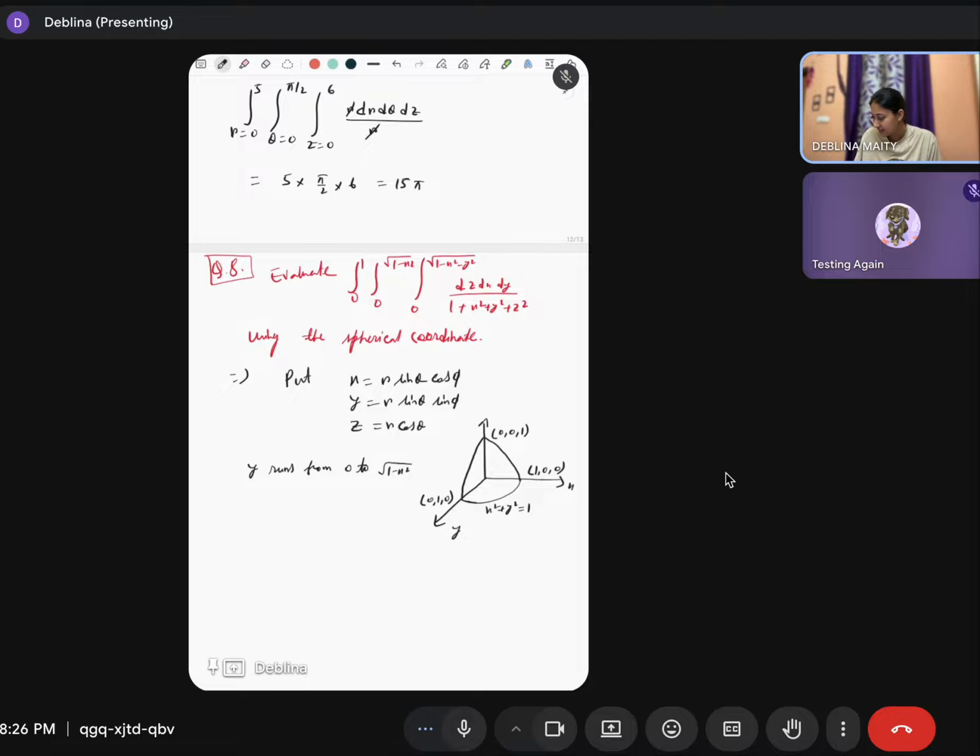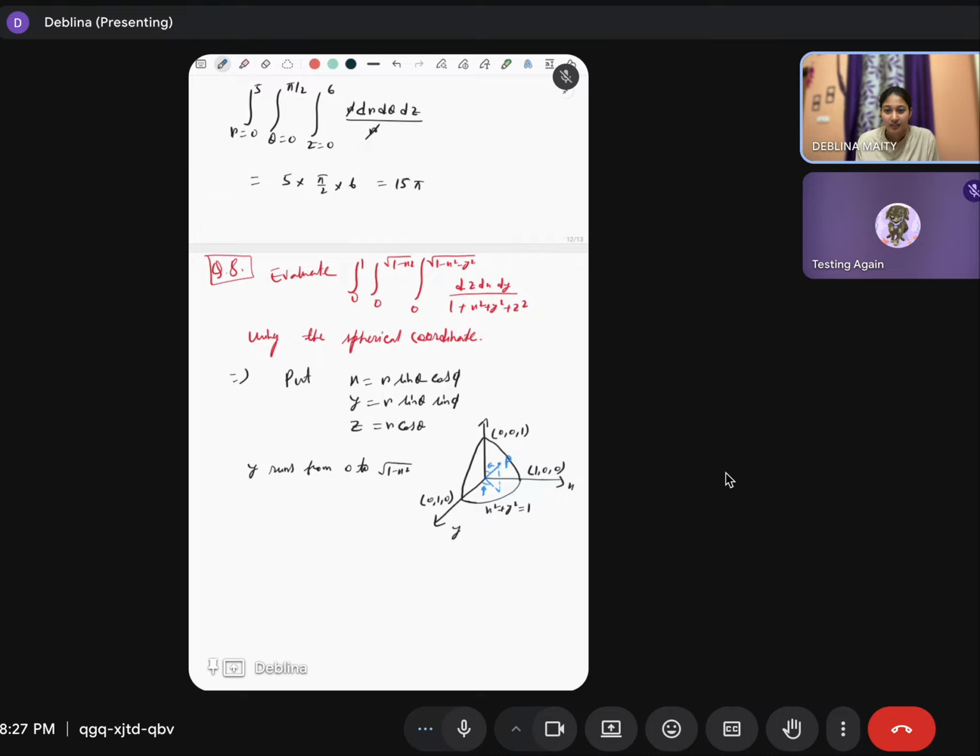And z is this curve, right? So what is theta? If we take this point, if this is an arbitrary point, if we project it on the x-axis, this angle is phi and this angle is theta.